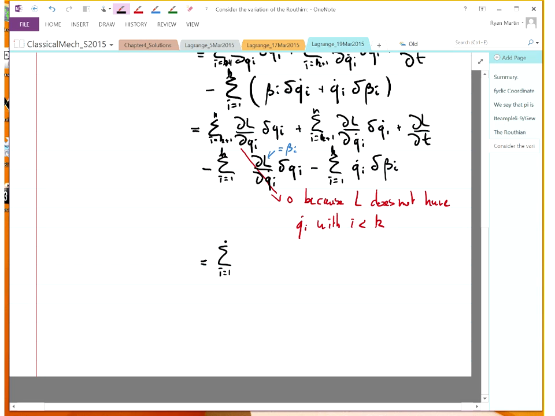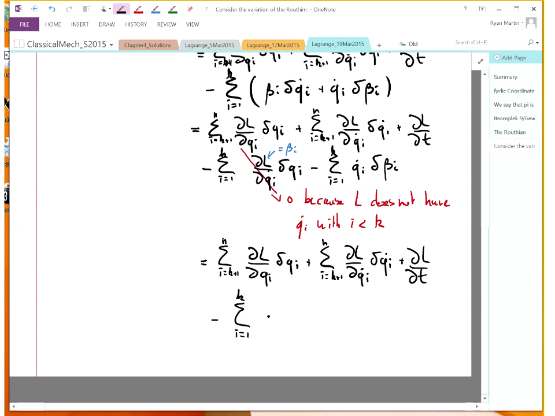So we have the sum for i equals k plus 1 to n of dL by dqi delta qi plus the sum from i equals k plus 1 to n of dL by dqi dot delta qi dot plus dL by dt, and then the last term, minus the sum from i equals 1 to k of qi dot delta beta i.